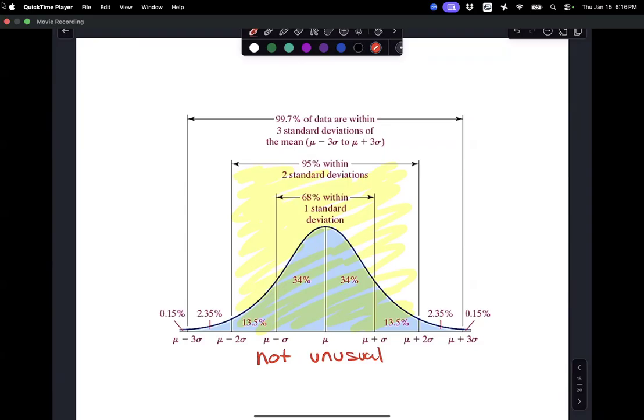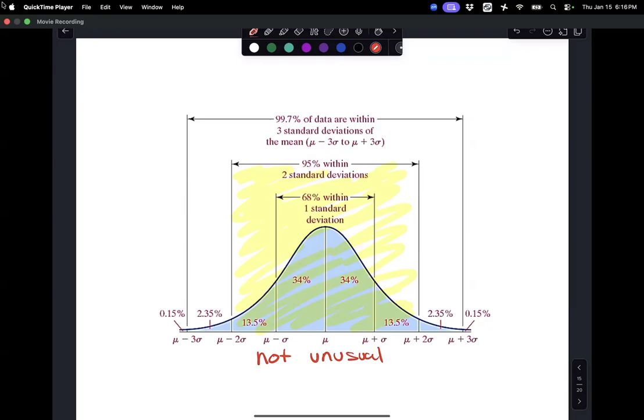Now, 99.7% of the data is within 3 standard deviations of the mean. So if I took the standard deviation and multiplied it by 3 and added that to the mean and put a barrier there, take the standard deviation, multiply it by 3 and subtract it from the mean, put a barrier there, then 99.7% of our data is going to be within those boundaries.